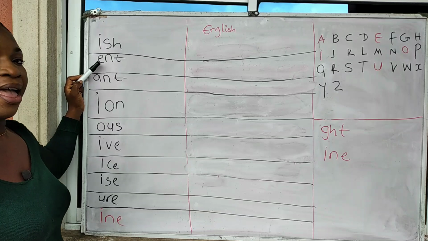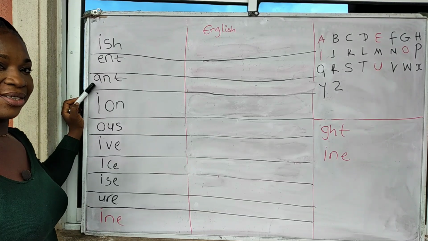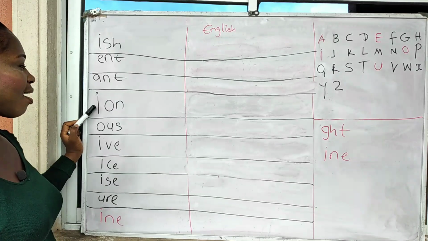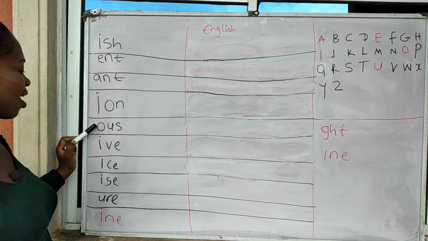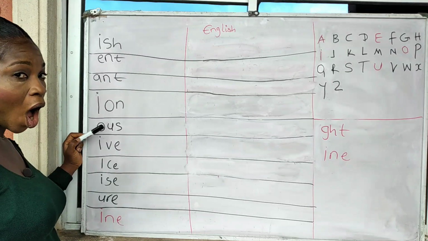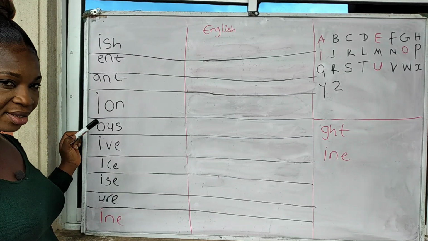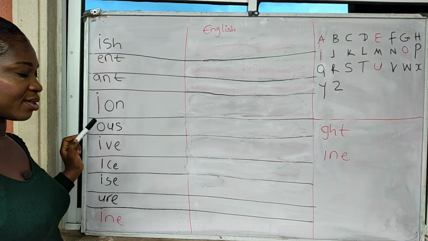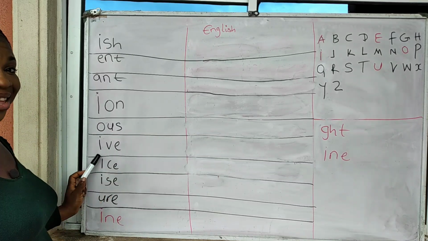I have ent, ant, eon, ox, us, not ox, us, eve.